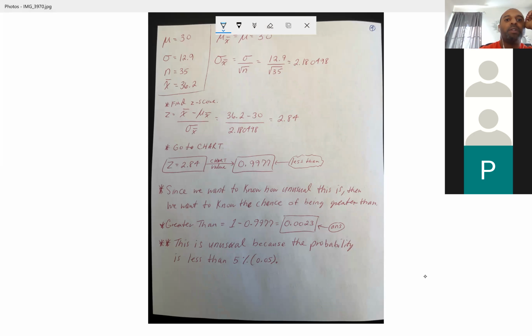All right, so here we go. We're going to write down our givens first. Notice right here is our given. We have our mean was 30. Standard deviation is 12.9. Sample size is 35. And the mean of our sample is 36.2.